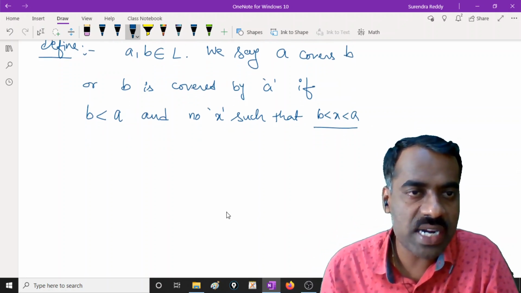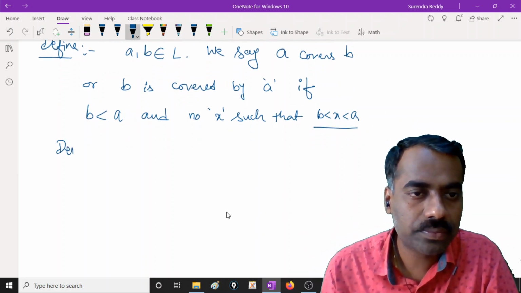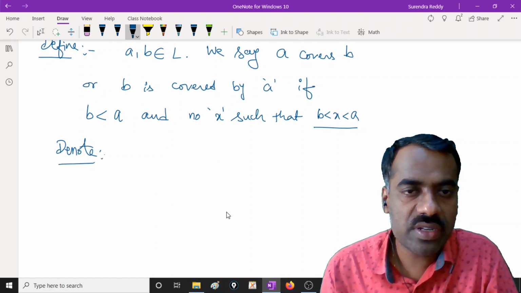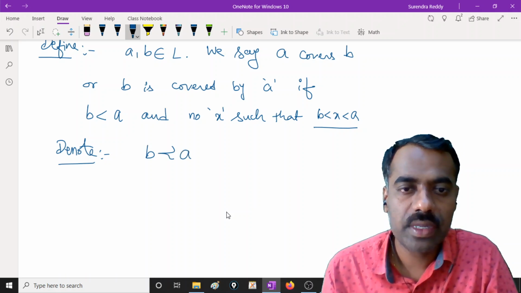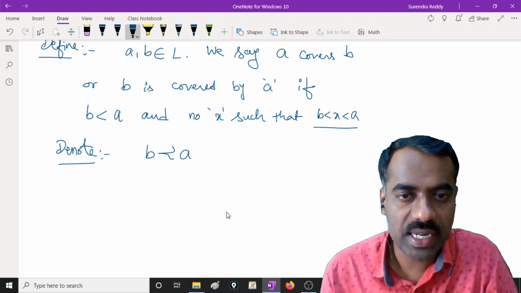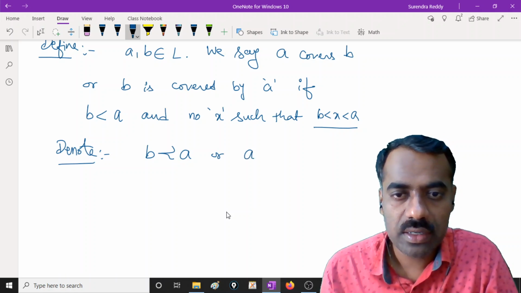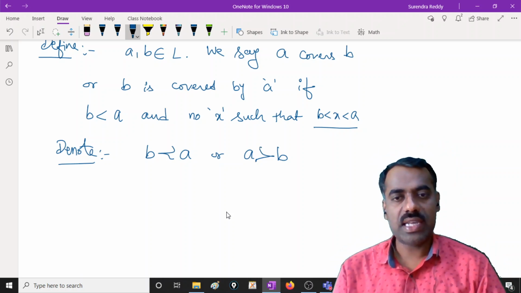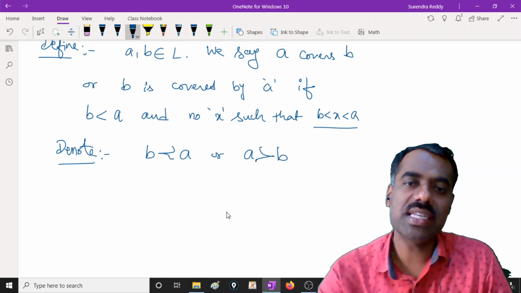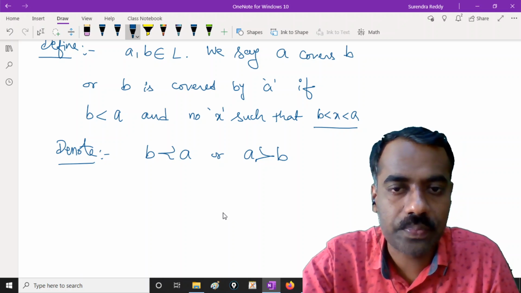And we'll denote this by A covers B. You can call it this symbol, just like some open set symbol, or you can also write it like less than or greater than, but there is a slight difference in this symbol. Is this clear? That means B is sitting inside A like that, right?